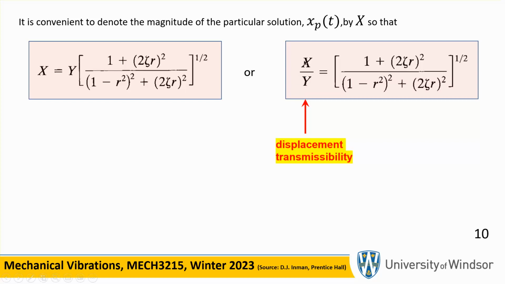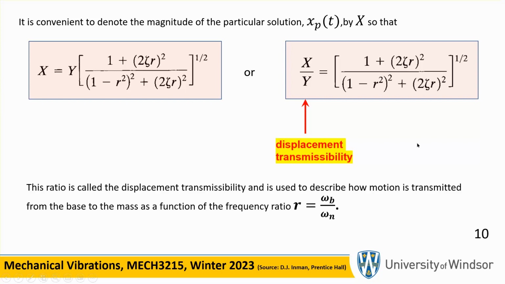So it makes sense to talk about this ratio and give it a name, displacement transmissibility. Now, in the case where the base is fixed, it is not moving, obviously y is 0. So it just didn't make sense to talk about something like that in the first part of this lecture, which was fixed foundation, fixed base.